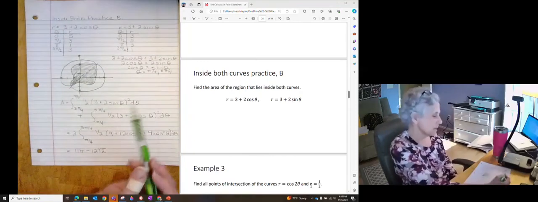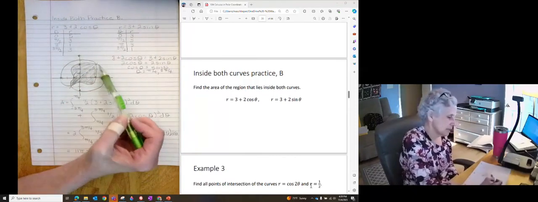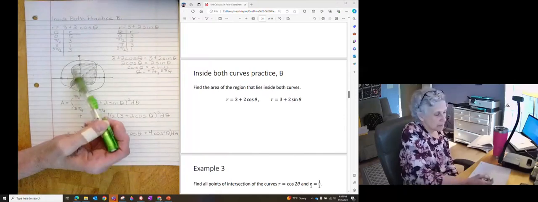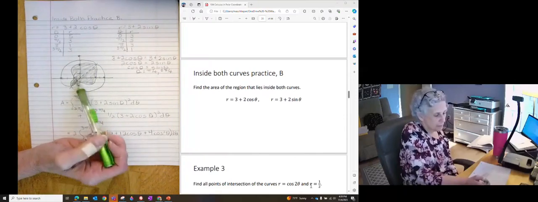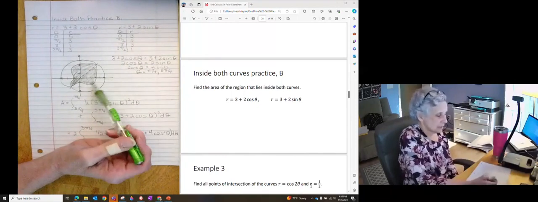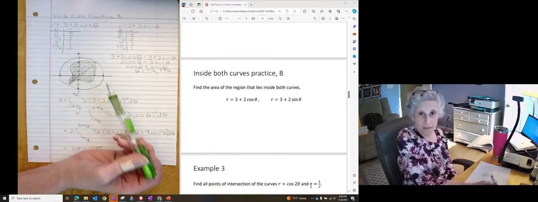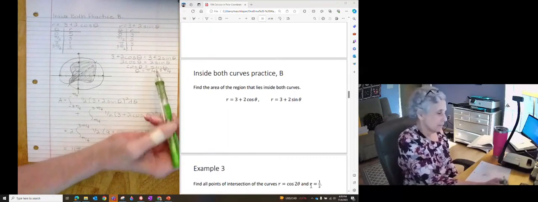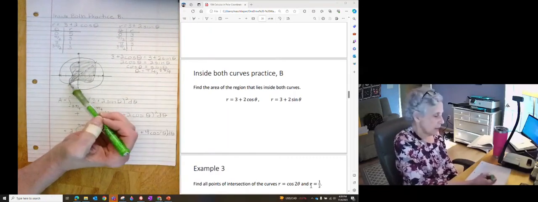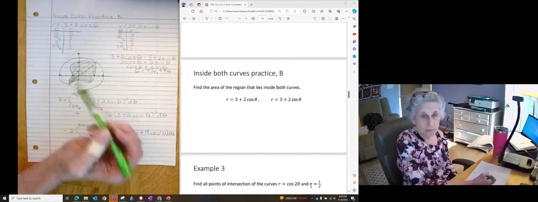But beside the point, I drew 3 plus 2 cosine theta, which is a dimpled limacon which lives on the x-axis. And then 3 plus 2 sine theta, a dimpled limacon that lives on the y-axis. I figured out that they cross at pi over 4 and 5 pi over 4.